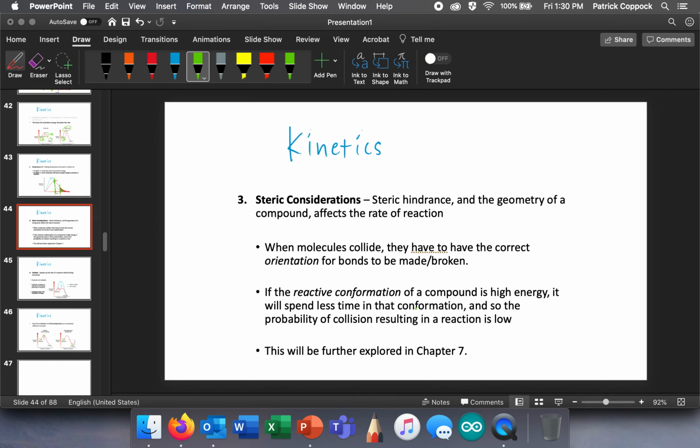And if the reactive conformation of a compound is high energy, it's going to spend less time in that conformation, so the probability of a collision resulting in a reaction is slow. We're going to get into this in great detail in the upcoming conversations, but it's important for you to appreciate that if two molecules are going to collide successfully, they've got to collide in the right geometry.